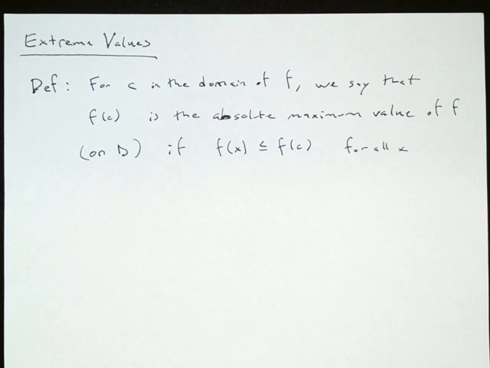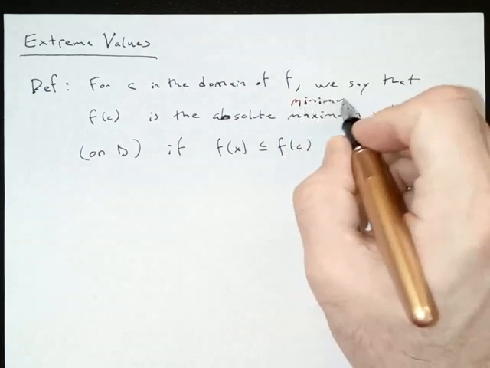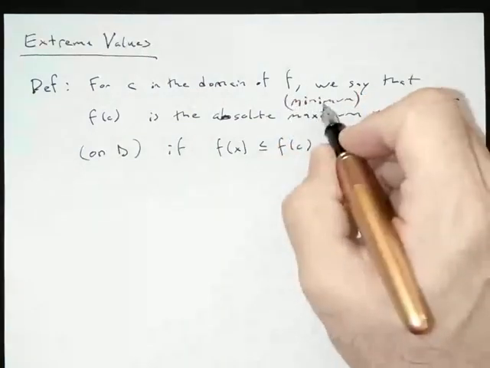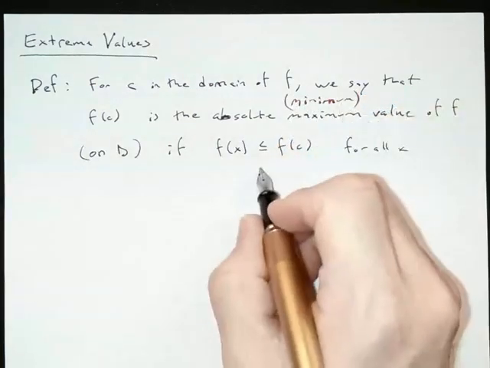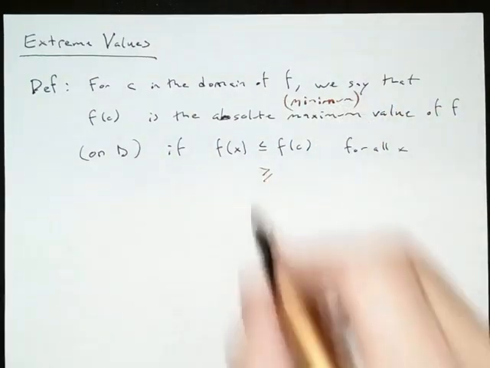If such a number exists, we say that the function has a maximum at x equals c, and the value is f of c. I can change one word here. If I change maximum to minimum, the only thing that changes is the direction of this inequality.